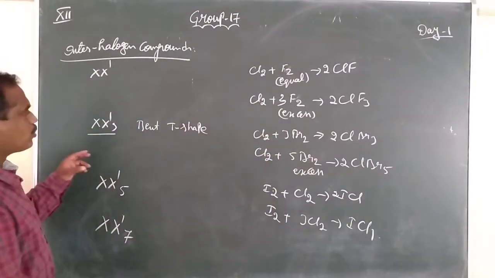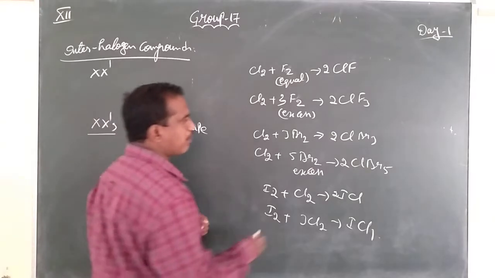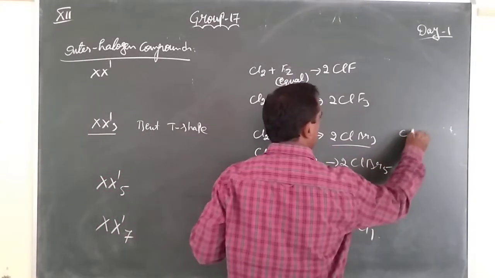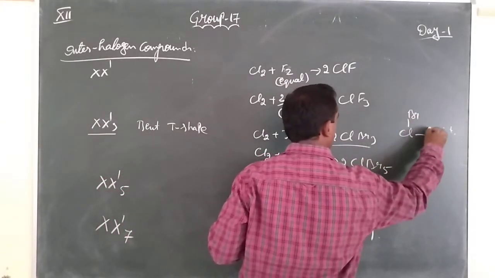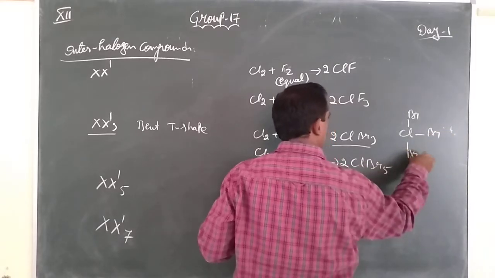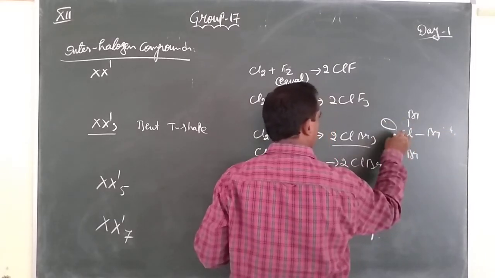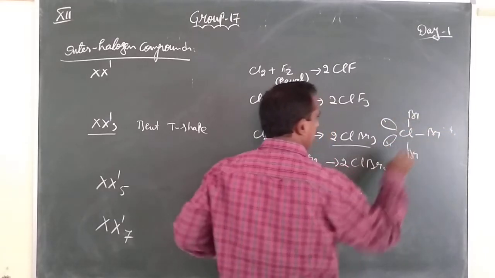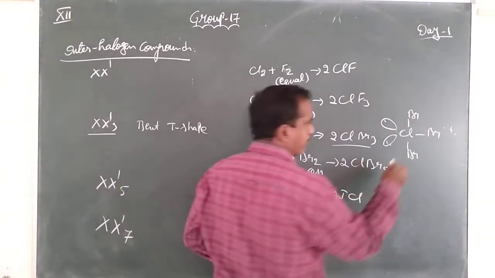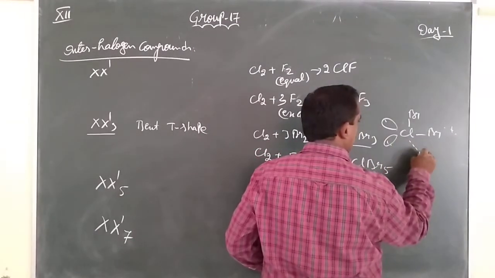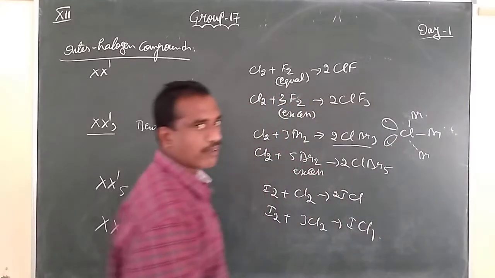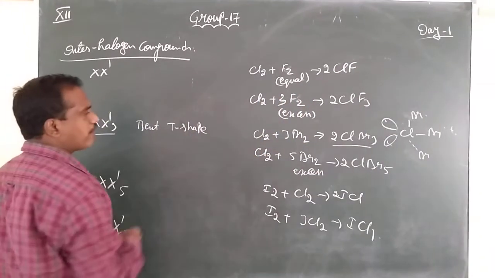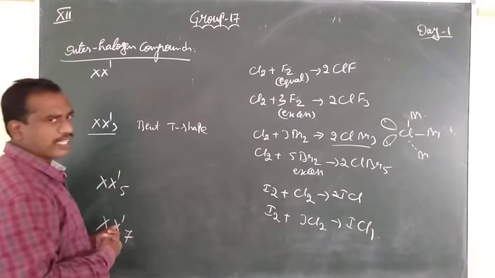Once we have ClF3 or ClBr3, the central atom is chlorine, and the 3 halogens are attached. But due to the presence of lone pairs, these halogens will be bent a little from their actual position. Hence we get a T shape or bent T shape.